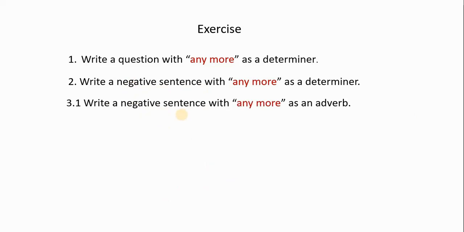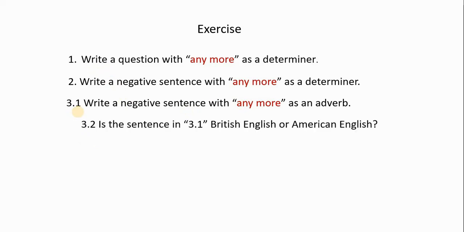I want you to write a question. And question number 3.1, write a negative sentence with anymore as an adverb. 3.2, is the sentence in 3.1 that you wrote as your answer, British English or American English?